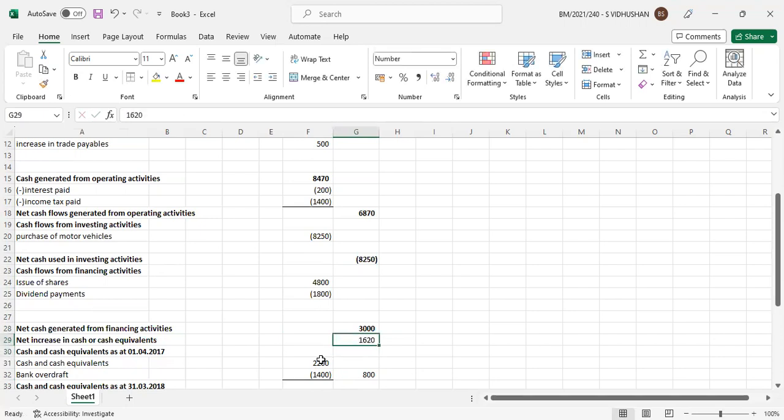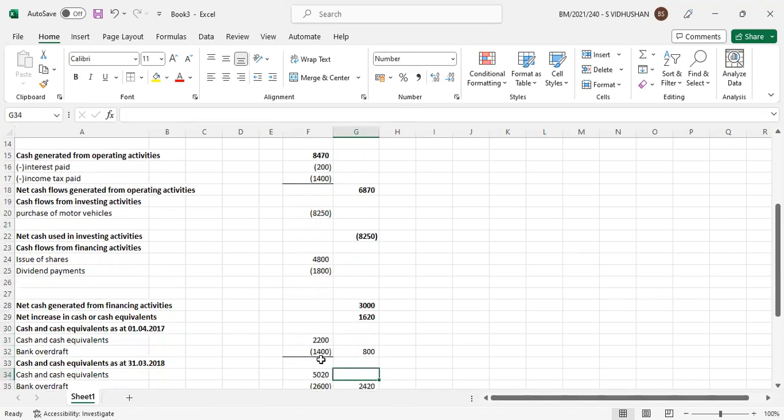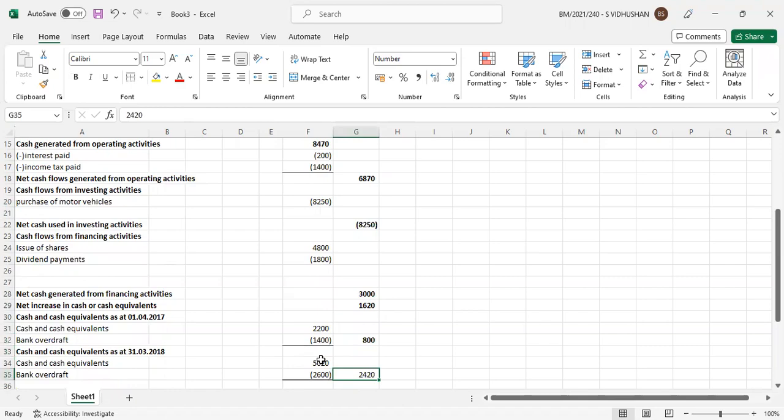So net increase in cash or cash equivalent is 1,620. Once you add the cash and cash equivalent as at 1/4/2017, 800, how much will you be getting? 1,620 plus 800, you will be getting 2,420, which is the cash and cash equivalent as at 31st March 2018.